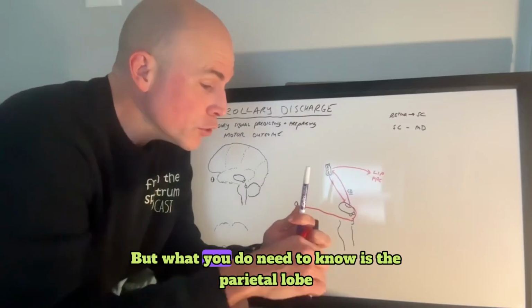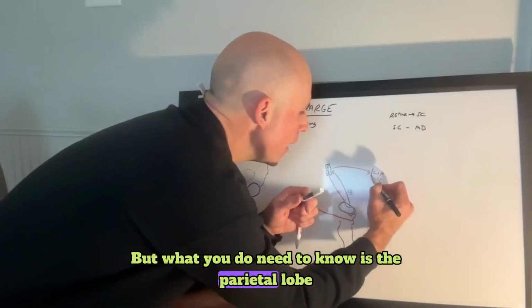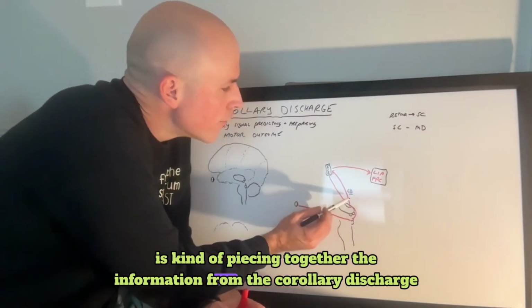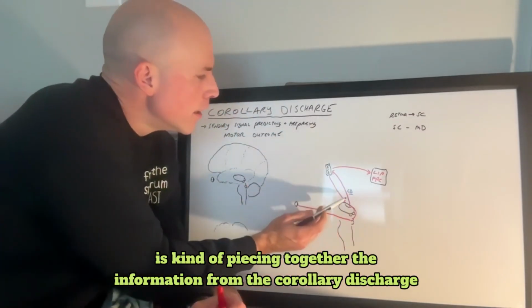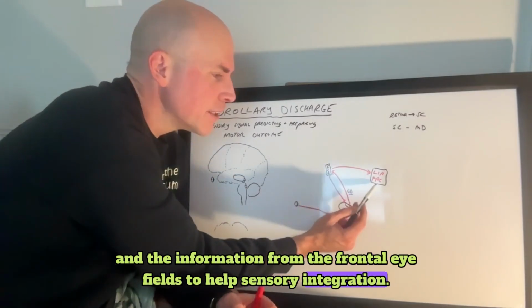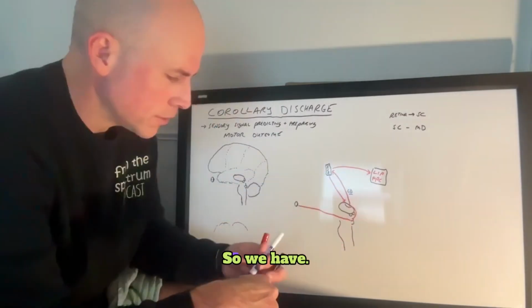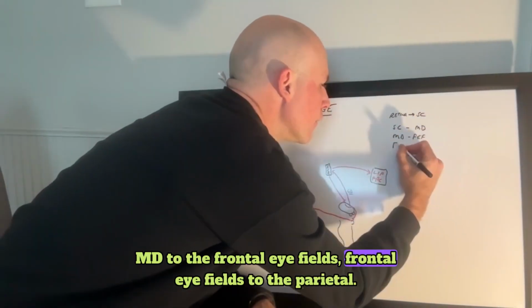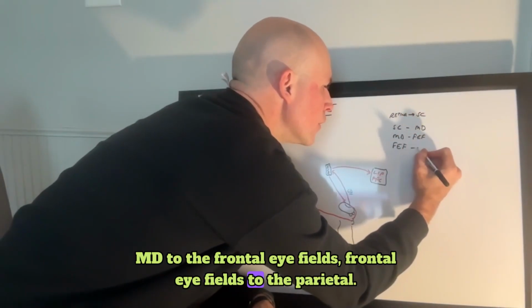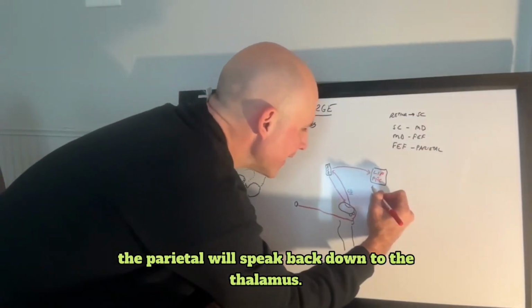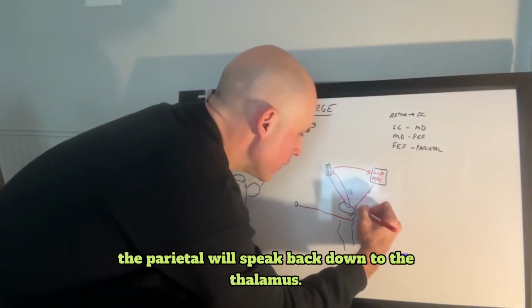But what you do need to know is the parietal lobe is kind of piecing together the information from the corollary discharge and the information from the frontal eye fields to help sensory integration. Okay, so we have MD to the frontal eye fields to the parietal. The parietal will speak back down to the thalamus.